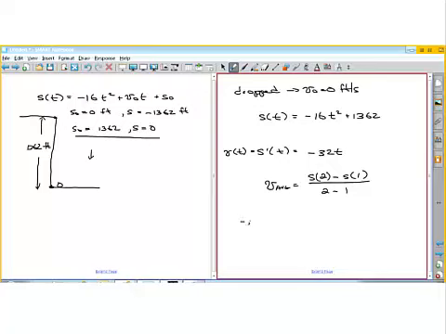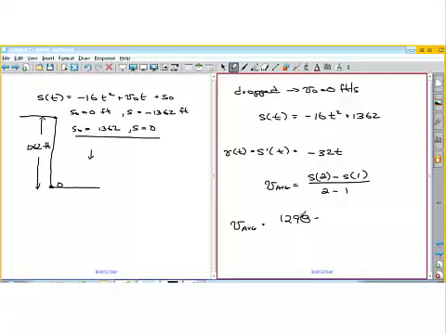So the average velocity is, if you plug 2 in, let me get my calculator out. You get negative 16 times 2 squared plus 1,362. So you get 1,298 feet.